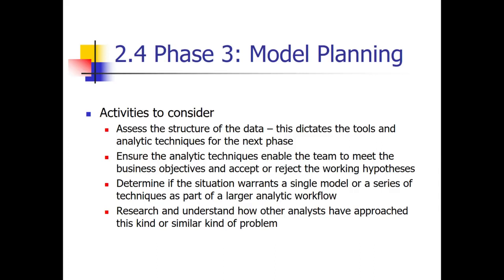Third, determine if the situation warrants a single model or a series of techniques. Is a single model enough, or are hybrid models required? We have to check once. Next, research and understand how other analysts approach similar problems. A literature survey is definitely required. We have to consider what other people have already done in earlier research in the same field to solve the problem. That is my last point in model planning.